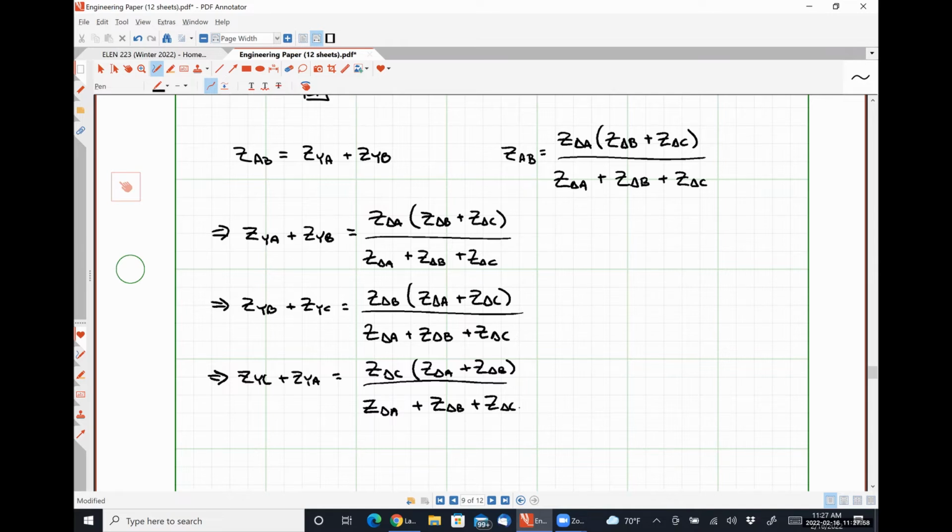All right, so let's say that I know what my impedances ZYA, ZYB, and ZYC are. My unknown quantities are then Z delta A, Z delta B, and Z delta C. So I have a three equation, three unknown system, which can be solved, which tells me how to transform from a Y to a delta.